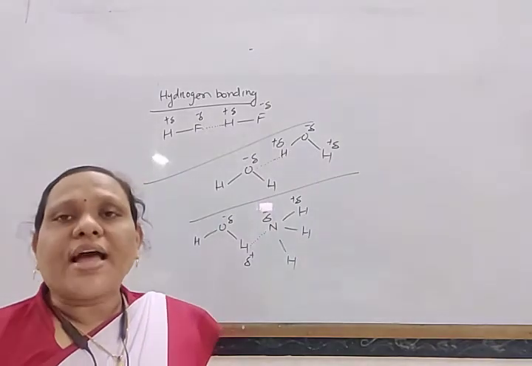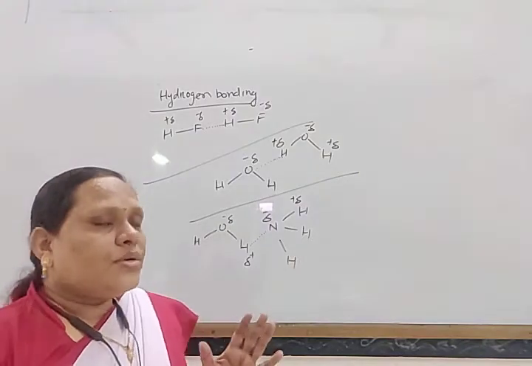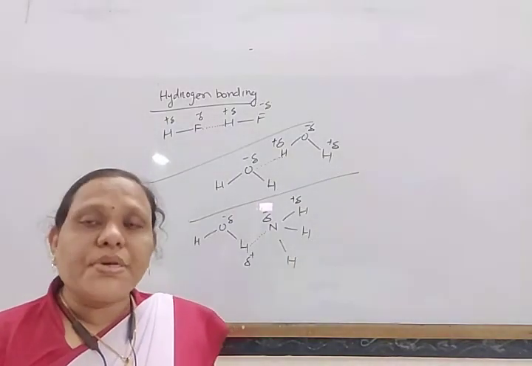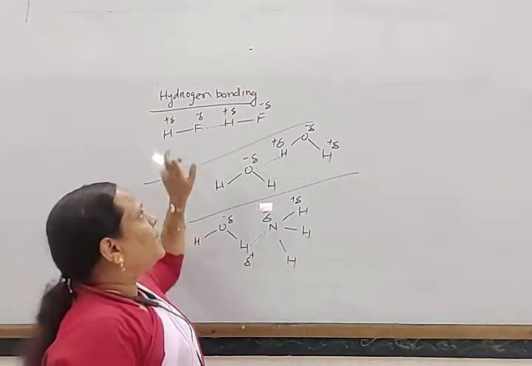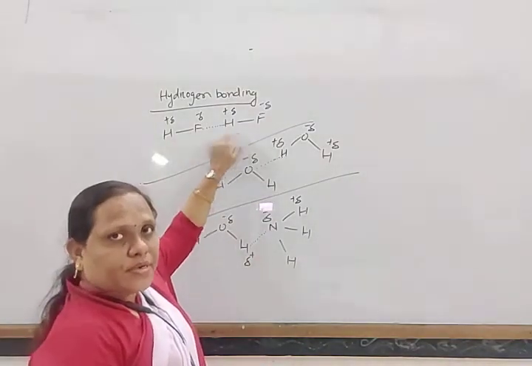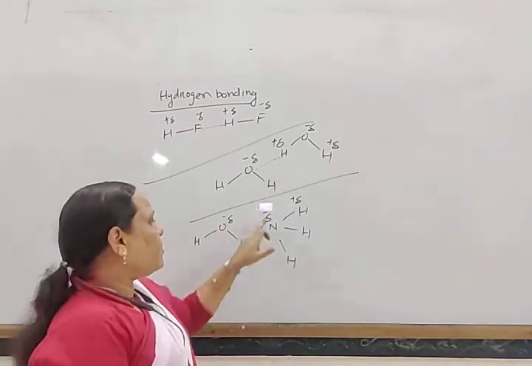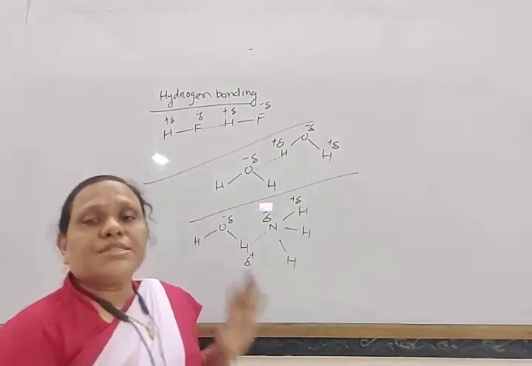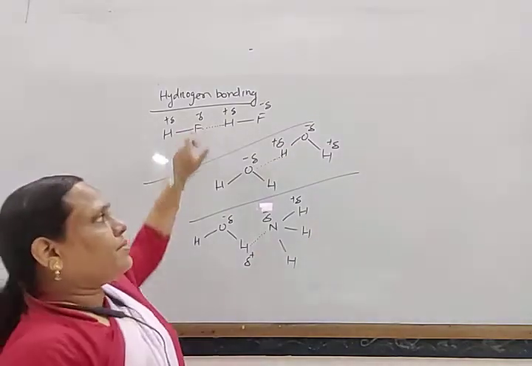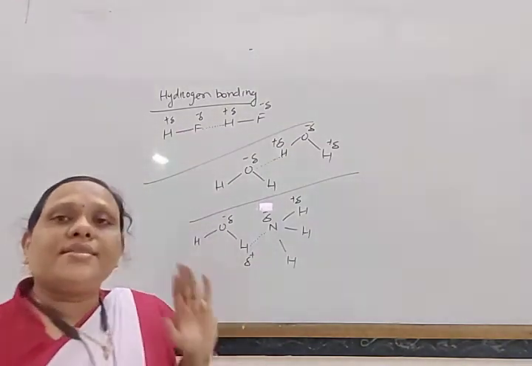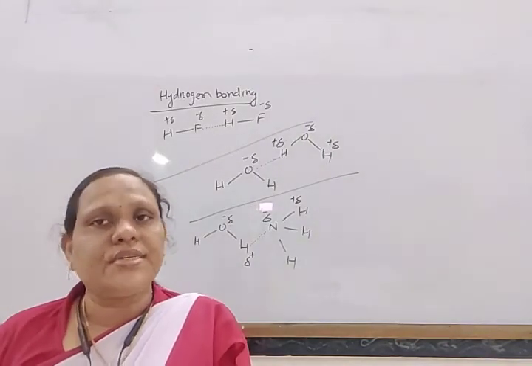When a hydrogen bond is formed between different molecules of the same type or different molecules of different type, that is called intermolecular hydrogen bonding.